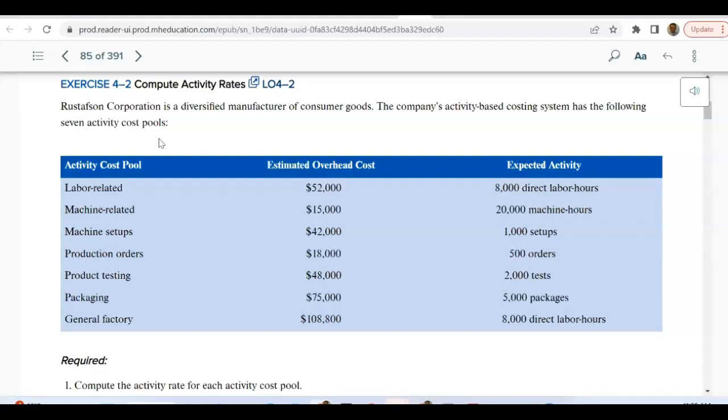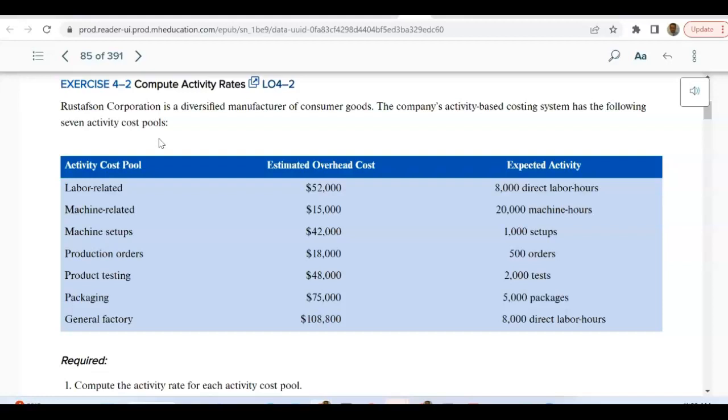So for manufacturing overhead, if you use an ABC costing system, it might be a little time consuming at the beginning to gather all that data. But in some cases, the ABC costing system will provide much more accurate costing of cost of goods sold, and it will end up helping you be more competitive in the market.